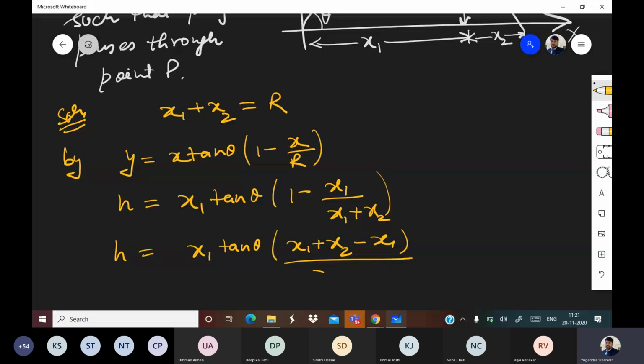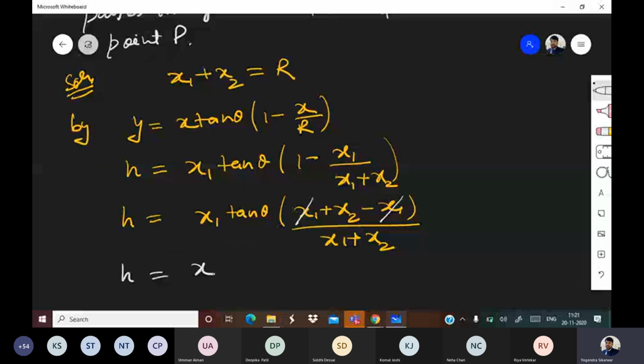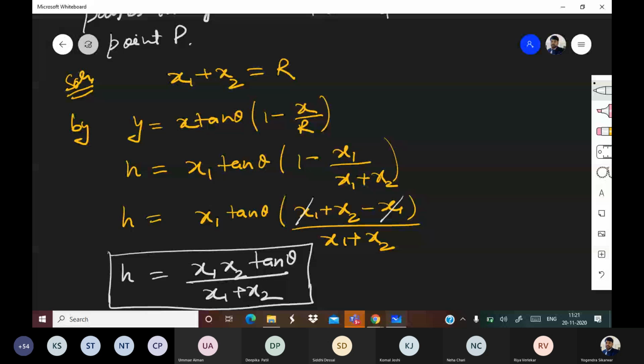So what do we get? H is equal to x1 x2 tan theta upon x1 plus x2. That is the connection. Understood, everyone? Understood? All right.